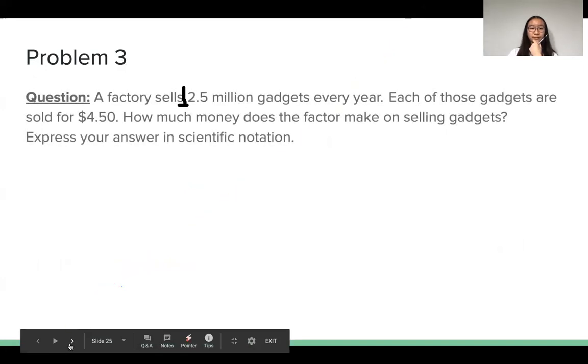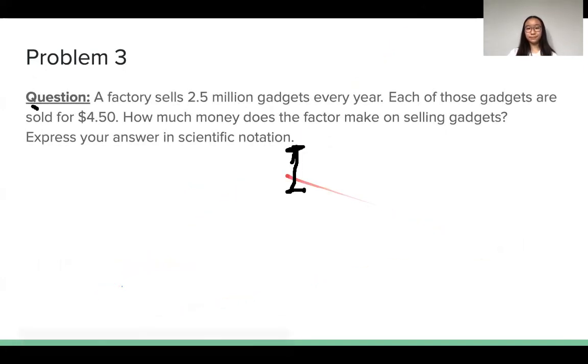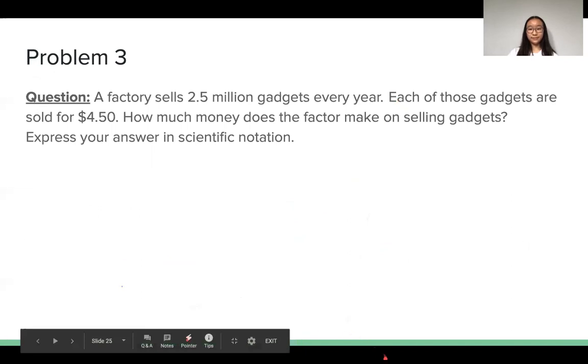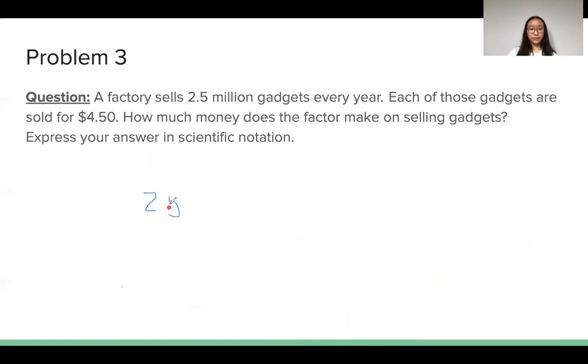Okay, let's see what this problem is. All right, this is going to be the last problem, and then we're going to end this lesson, okay? So the factory sells 2.5 million gadgets. 2.5 million, 2, 5, 0, 0, 0, 0, 0.